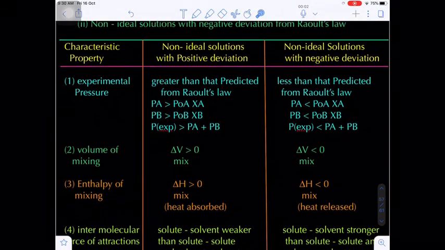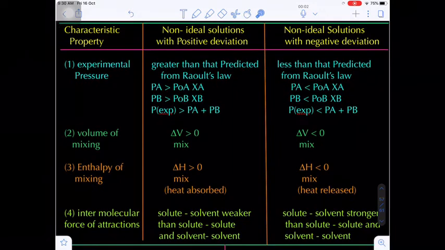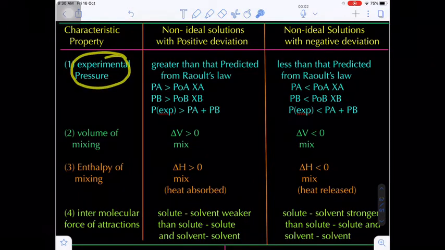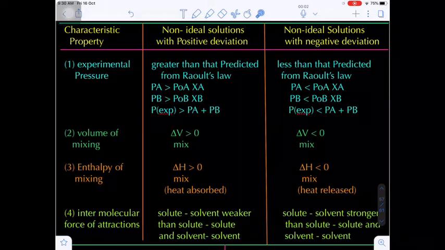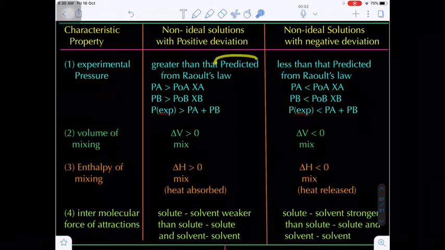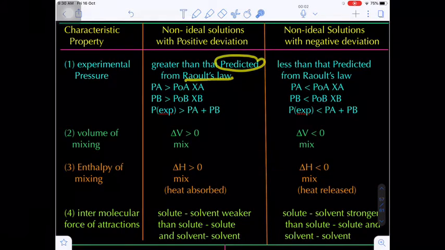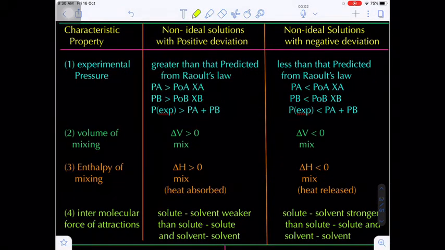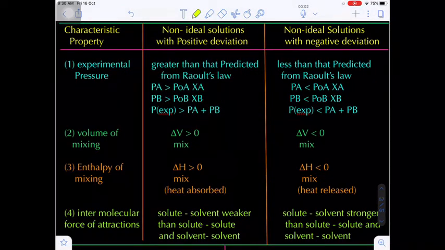Now what are the basic differences between the non-ideal solutions with positive deviation and those with negative deviation? The first characteristic is the experimental pressure. In the case of positive deviation from Raoult's law, the experimental pressure will be more than that predicted by Raoult's law. If you calculate the pressure experimentally and from Raoult's law, the vapor pressures are not equal.